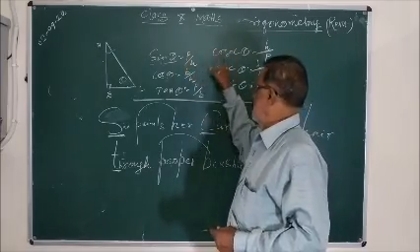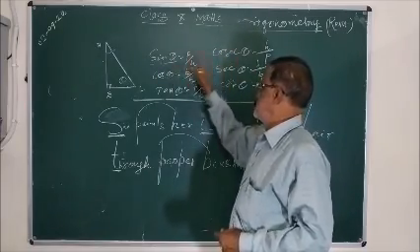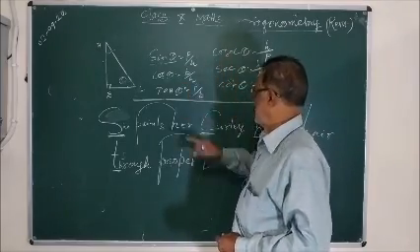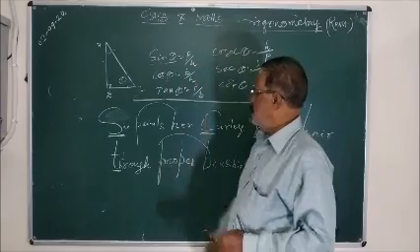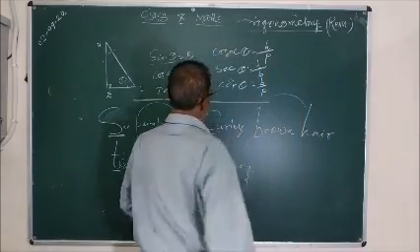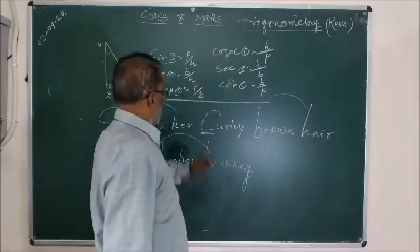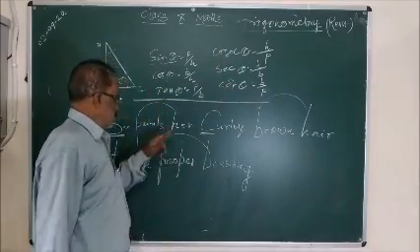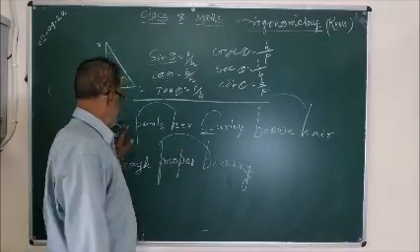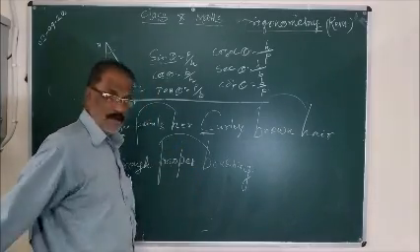Keep in mind that cosec is the opposite of sine, sec is the opposite of cos, and cot is the opposite of tan. So if you learn the formulas for sine, cos, tan, you will very easily learn cosec, sec, and cot. So I have given you this sentence, and if you learn it, it will help you learn these formulas.